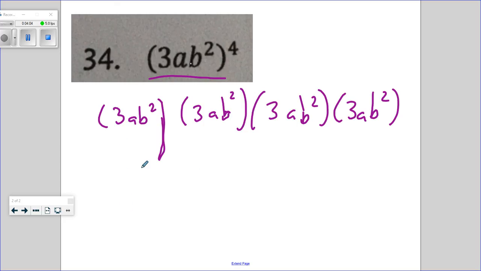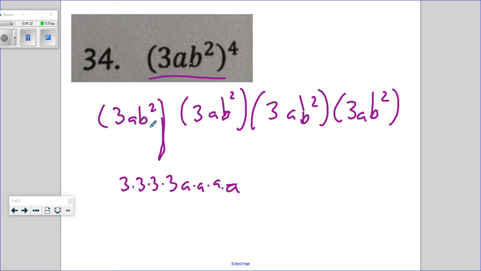If I write it out of order, you have 3 times 3 times 3 times 3. And then if I multiply my a's, I have 1a here times 1a here times 1a here times 1a here, so a times a times a times a.